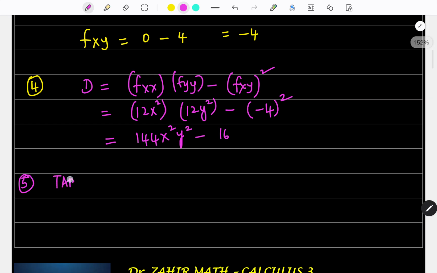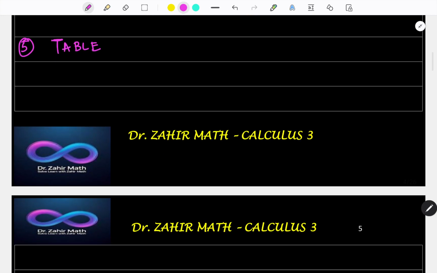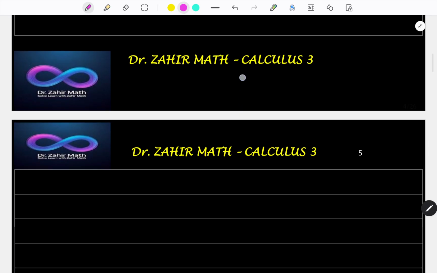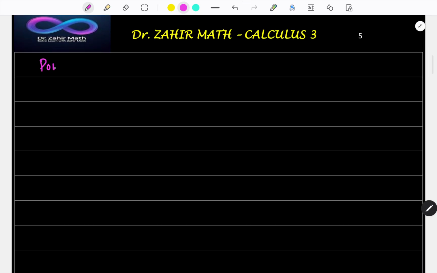Now step number 5. You're going to create a table. You're going to give the points, and you're going to create D, which is fxx times fyy minus fxy the whole square.